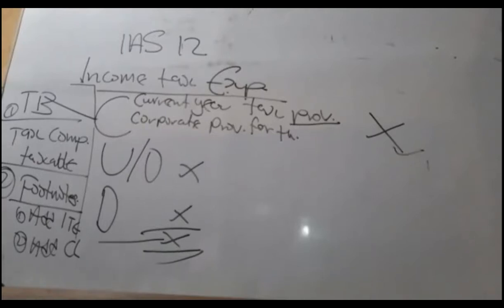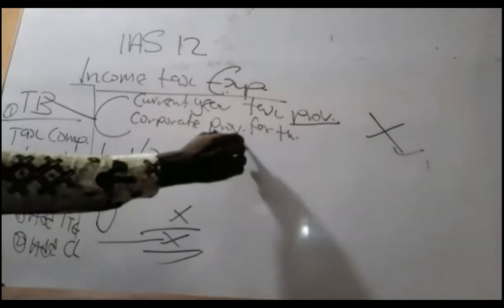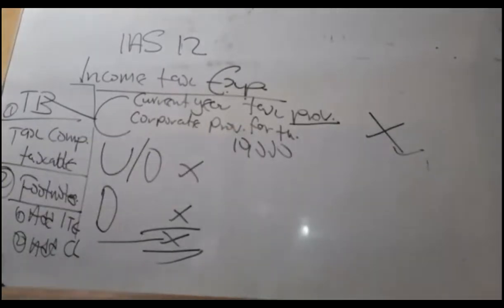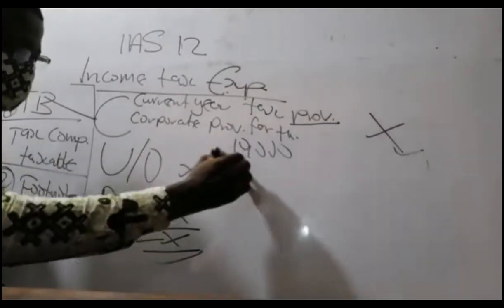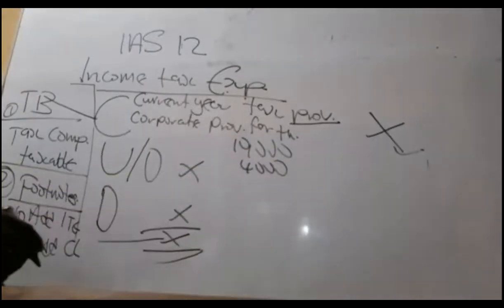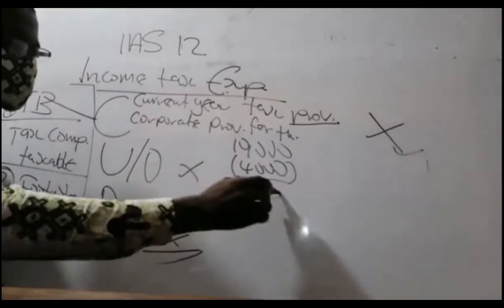So add it there as a current liability. If you have paid any of this tax during the year, you take it off. For example, I estimated 10,000 Ghana cedis as my tax for the year, but out of this 10,000, I've paid 4,000 already. So how much are you owing? I'm owing 6,000 cedis. So put the 6,000 cedis in your books.